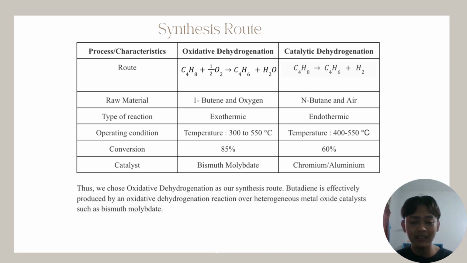These details have been summarized into one table so that it is easy to make the comparison. Thus, we chose oxidative dehydrogenation as our synthesis route. Butadiene is effectively produced by an oxidative dehydrogenation reaction over heterogeneous metal oxide catalysts such as bismuth molybdate.